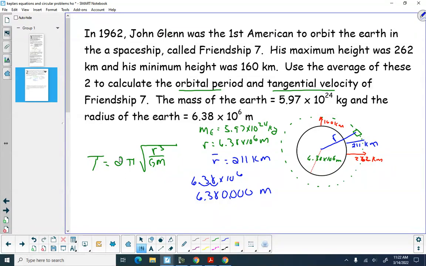And our 211 kilometers, we move it 3 decimal places, so we have 3 zeros there.